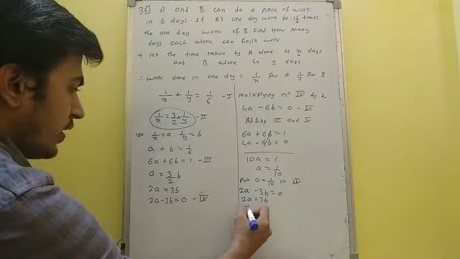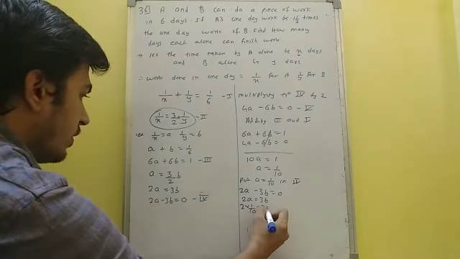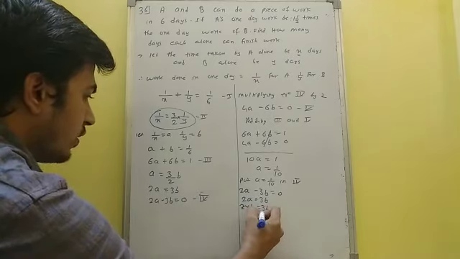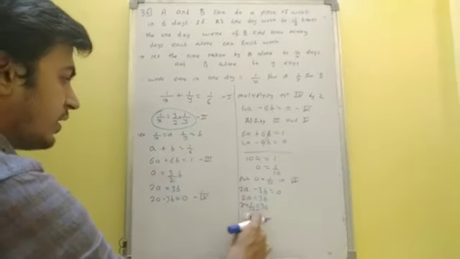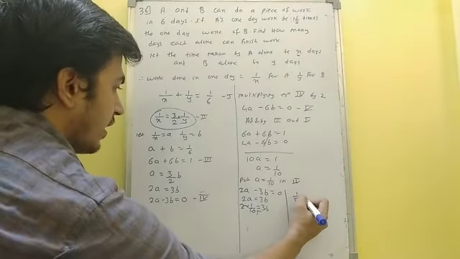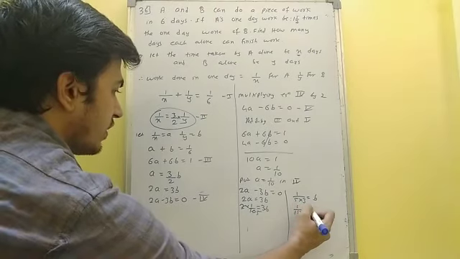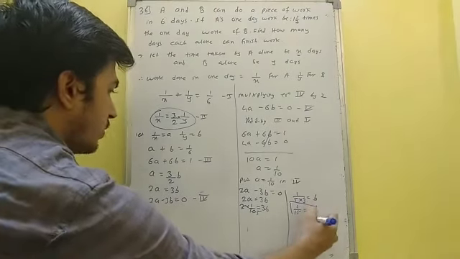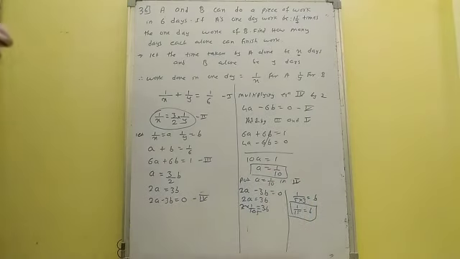So 2 into 1 upon 10 is equal to 3b. 2 fives are 10, so 1 upon 5, and 3 comes here, so 1 upon 5 multiplied by 3 gives b is equal to 1 upon 15. So we have the value of a as 1 upon 10 and b as 1 upon 15.